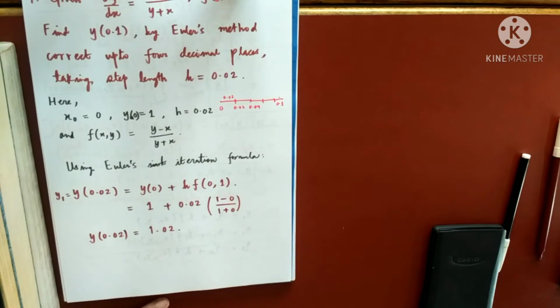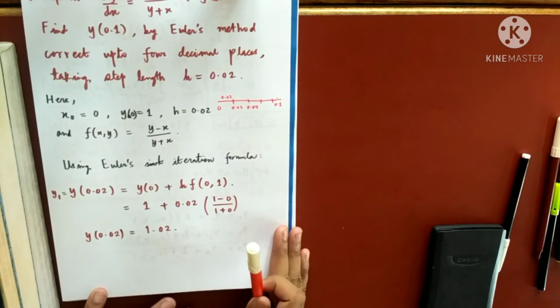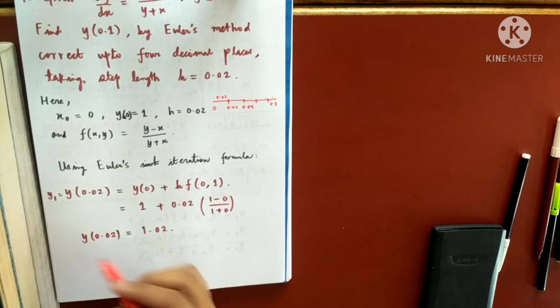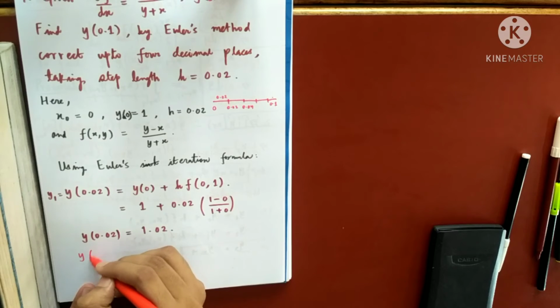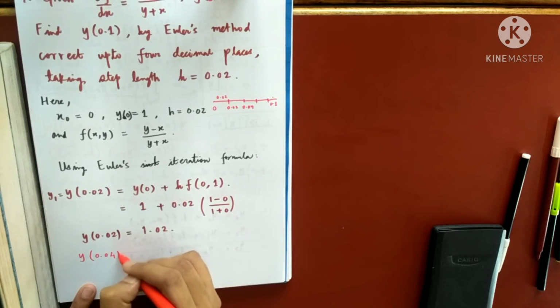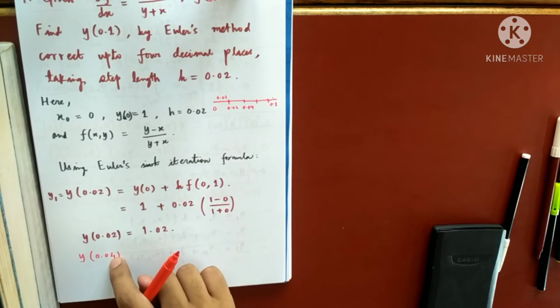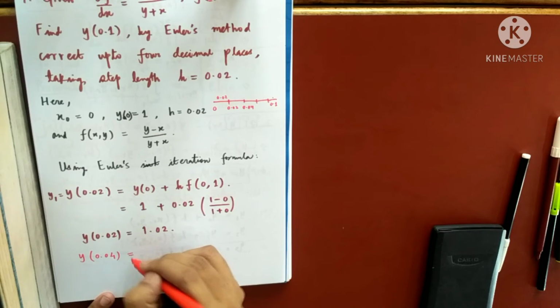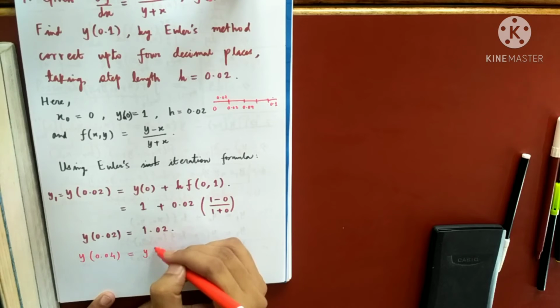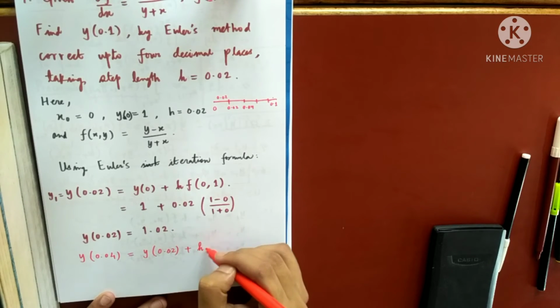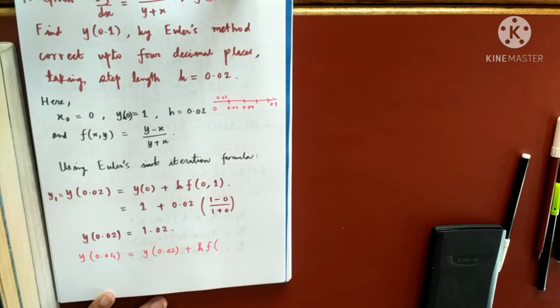Now we'll go for the second iteration. So what is the second iteration? The next one, y2. y2 means 0.04 because y2 is adding h to this. So adding h will become here 0.04. It is y at the previous value plus h f of x1, y1.